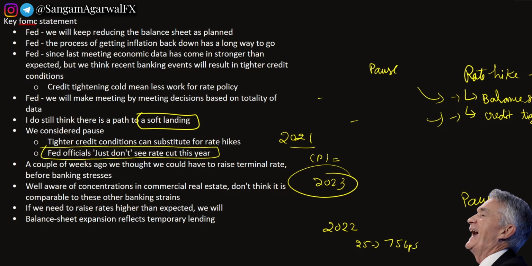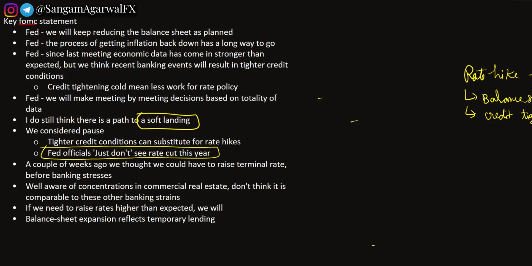But in 2021 they said the same thing, that they do not see a rate hike, and now they are repeating the same thing for a rate cut. So their language is different, but he is giving a signal for a rate cut this year. And the market is always greedy, so it is expecting a rate cut in the June FOMC meeting.